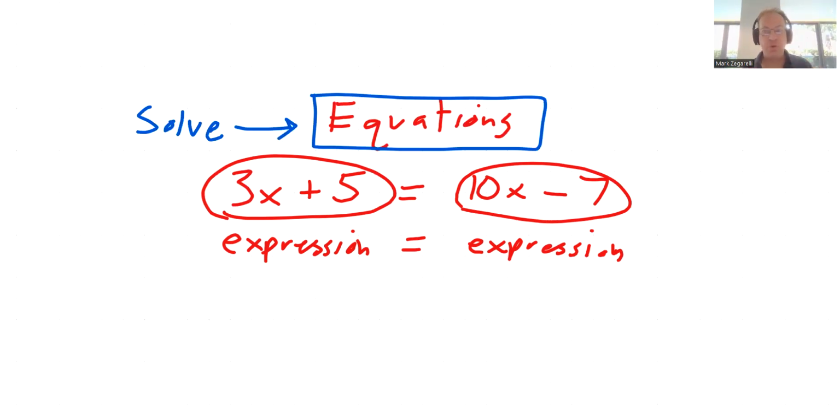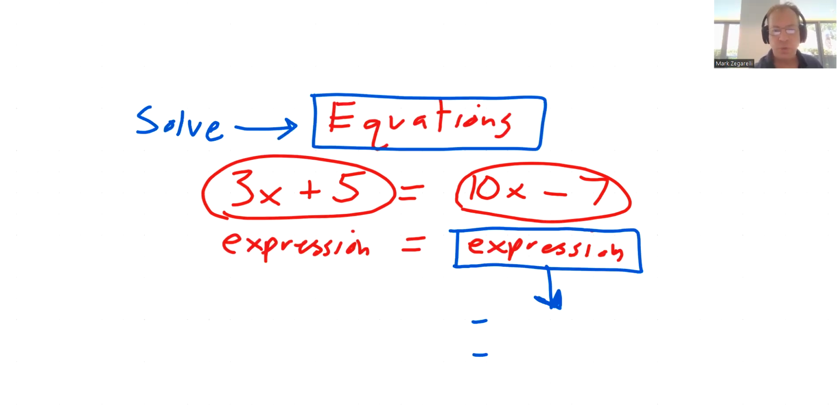And we've worked on a few different strategies for doing that. Some of those strategies involve things you can do with expressions. And I've told you that there's 3 things we can do with expressions. 1, 2, 3. We can evaluate them.